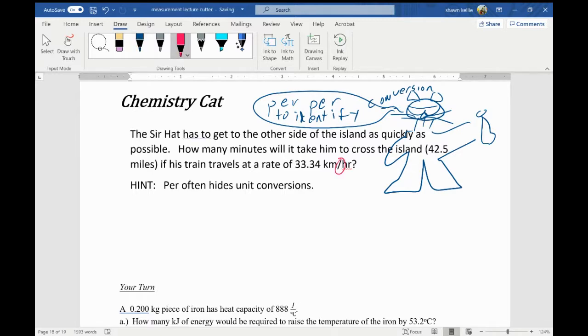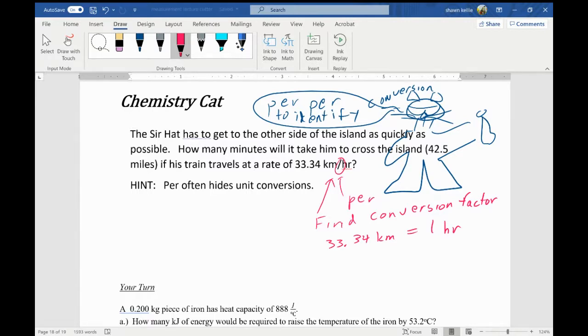Whenever you see a divided unit, or whenever you say per, what they're doing is really giving you a unit conversion, or a conversion factor. A hidden conversion factor that relates 33.34 kilometers to 1 hour. And you rarely ever want to start your homework problems with a conversion factor.